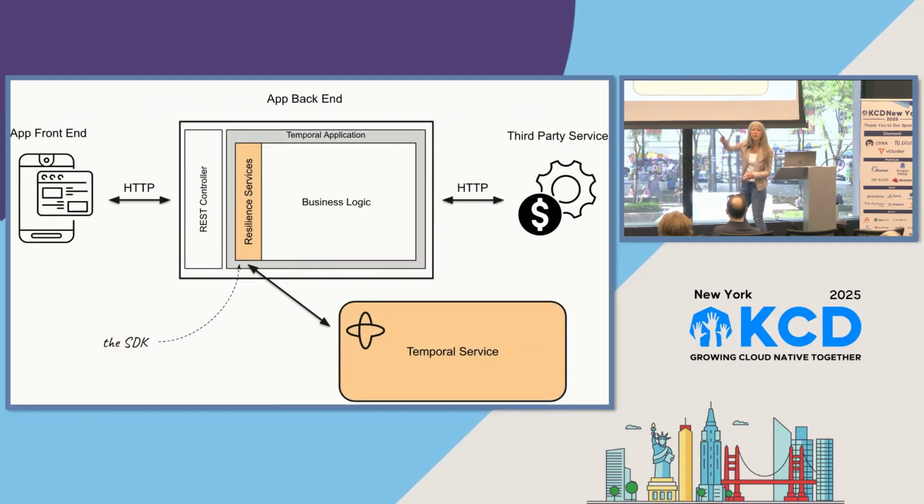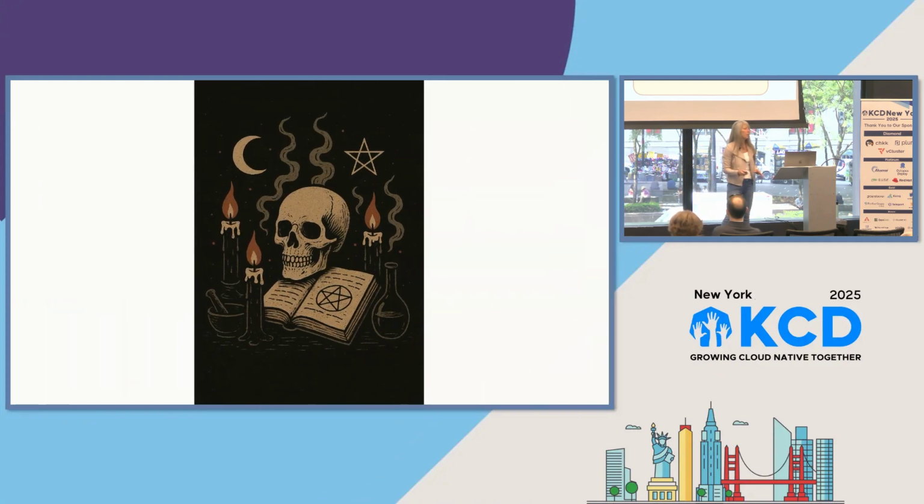What you do if you're writing a Temporal application is you write your business logic in any one of those languages that I talked about. You leverage a couple of the abstractions that are part of the SDK, and when we get to that point in the code where we hit one of those abstractions, the SDK does the communication back to the Temporal service. That's basically how it works, and we'll go into some of the details in just a moment.